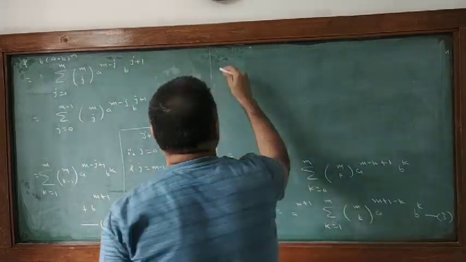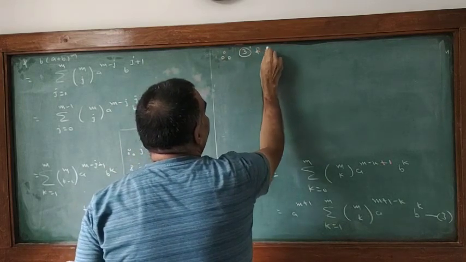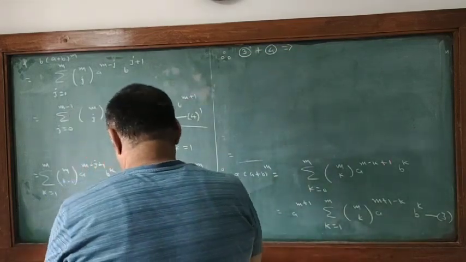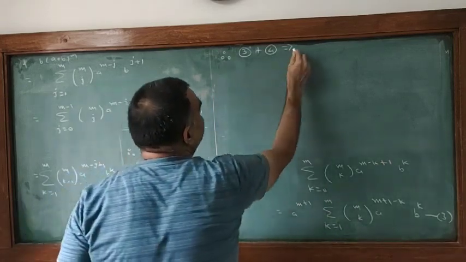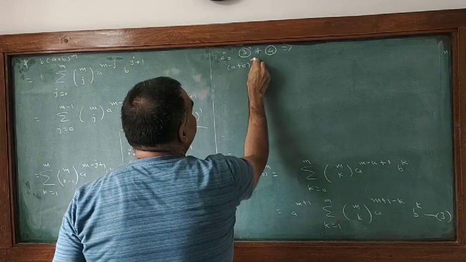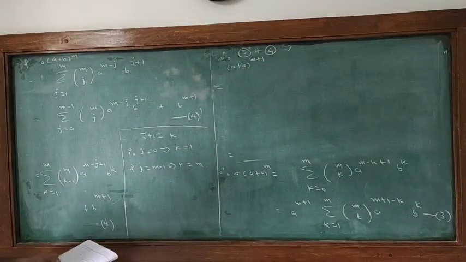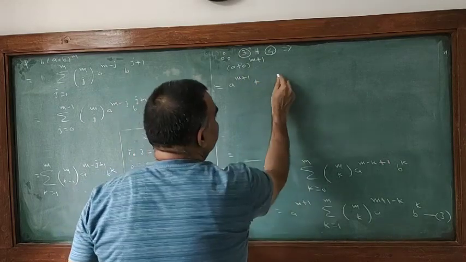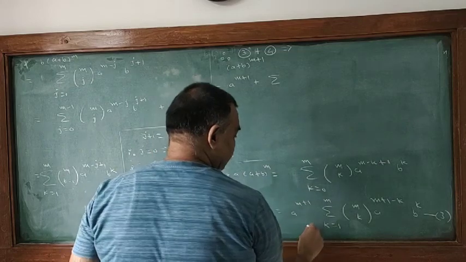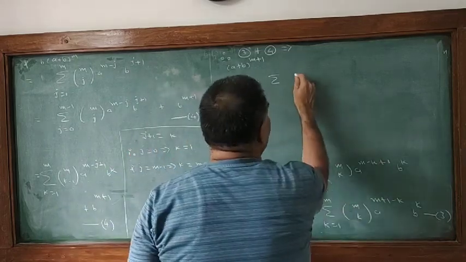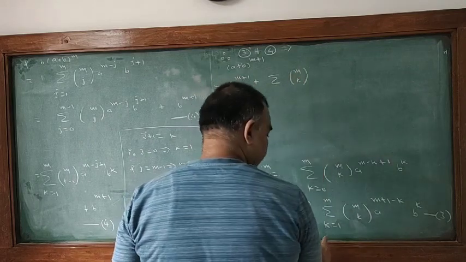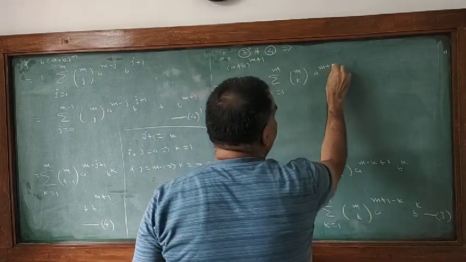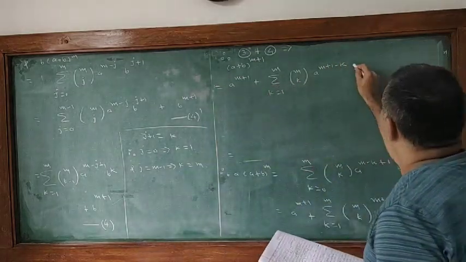Therefore, 3 plus 4 implies a plus b raised to m plus 1 is equal to, this is 3, a raised to m plus 1 plus sigma mCk, k running from 1 to m, a raised to m plus 1 minus k, b raised to k.